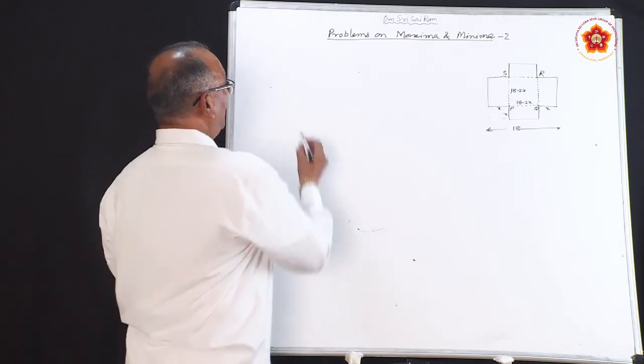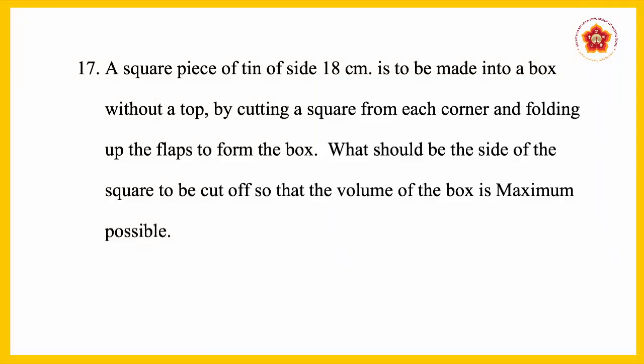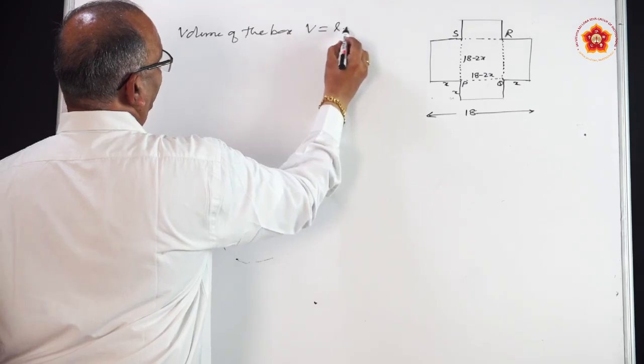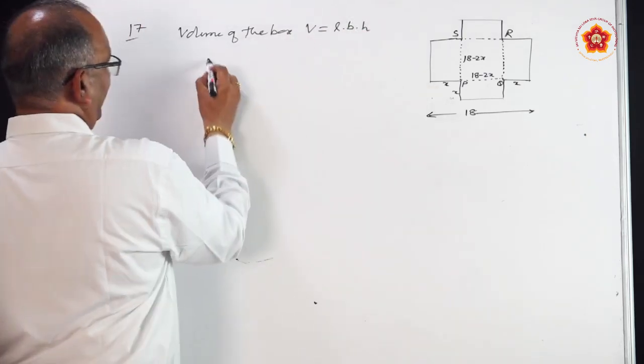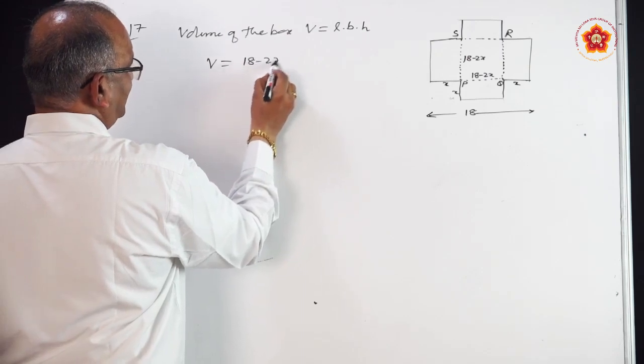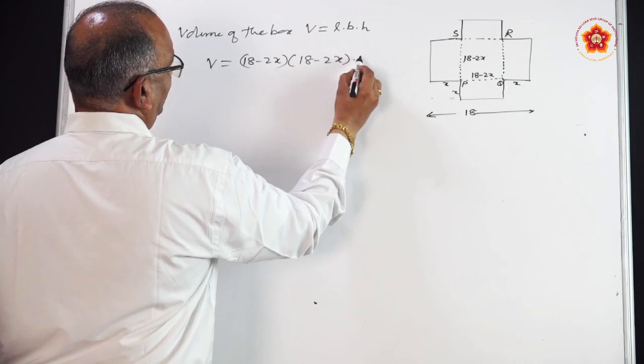So volume of the box, this happens to be the 17th problem. Volume of the box, V is equal to L into B into H. In other terms, V is equal to L, L is 18 minus 2x, 18 minus 2x into x.